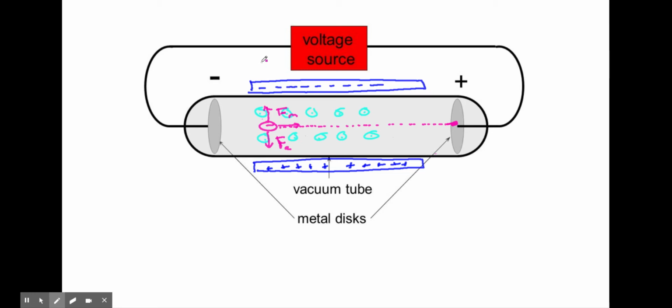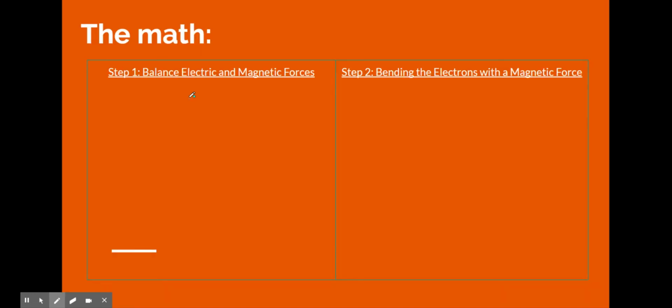Now, where it really gets ingenious is the math. So the first thing mathematically that Thomson did was he created a situation that we described towards the end of the last slide where he balanced the electric and the magnetic forces acting on the electron.